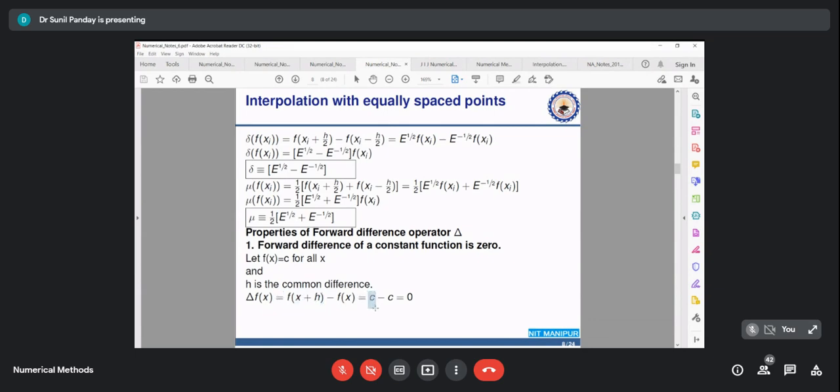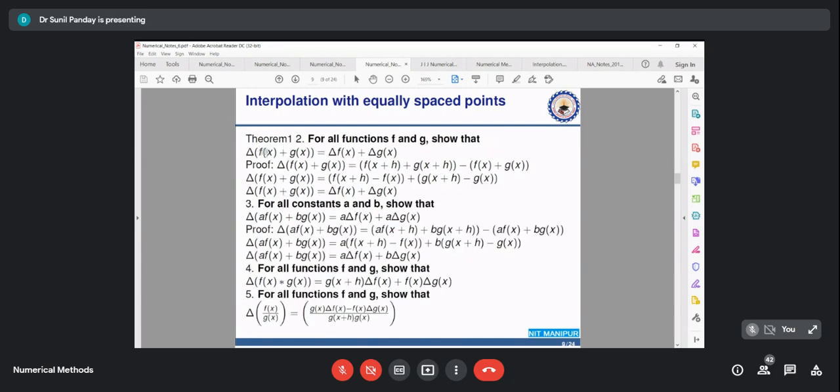Because the function is a constant function for all arguments, if we have x plus h instead of x, the value remains the same, c. So it is like c minus c, and you will get 0. So if you have a constant function, then the first forward difference or any forward difference is always 0.